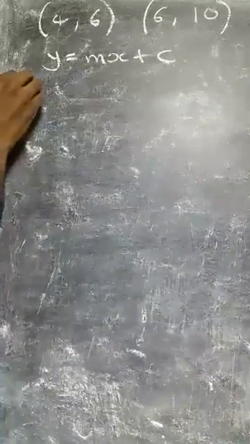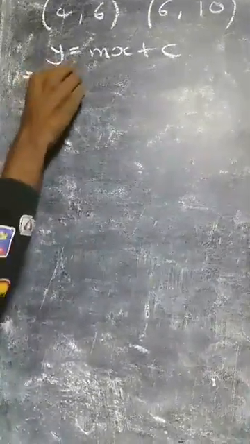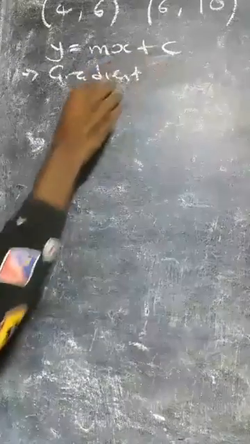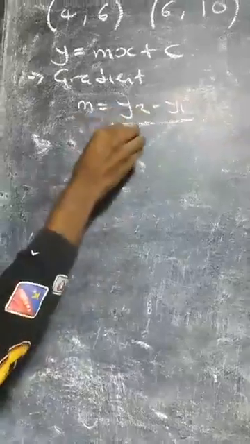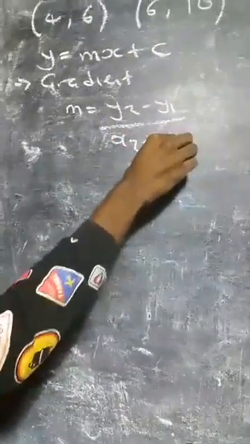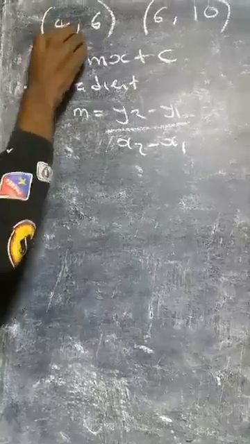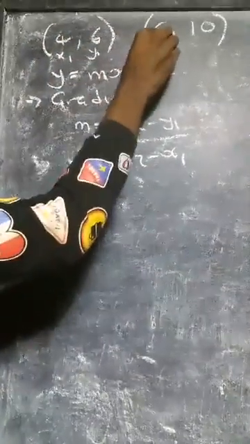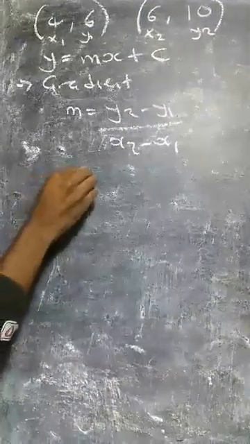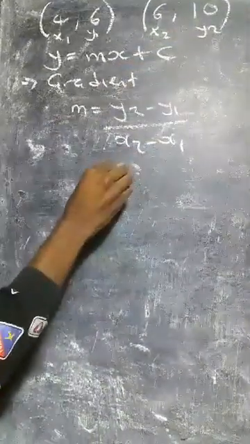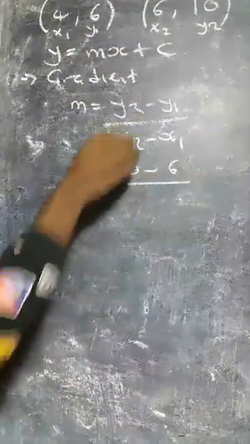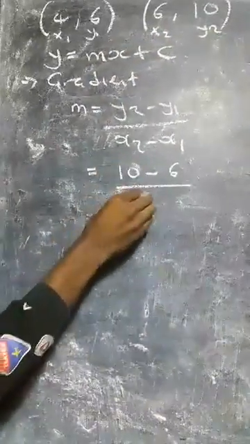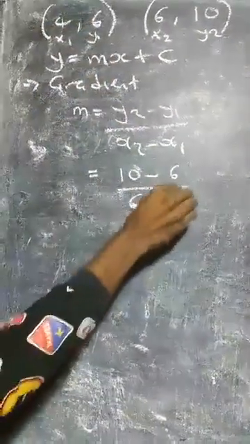First you'll be finding your gradient, of which we know gradient is equal to y2 minus y1 over x2 minus x1. This is x1, that is y1. This is x2, and that is y2. So gradient is equal to y2, which is 10, minus y1, which is 6, dividing x2, which is 6, minus x1, which is 4.